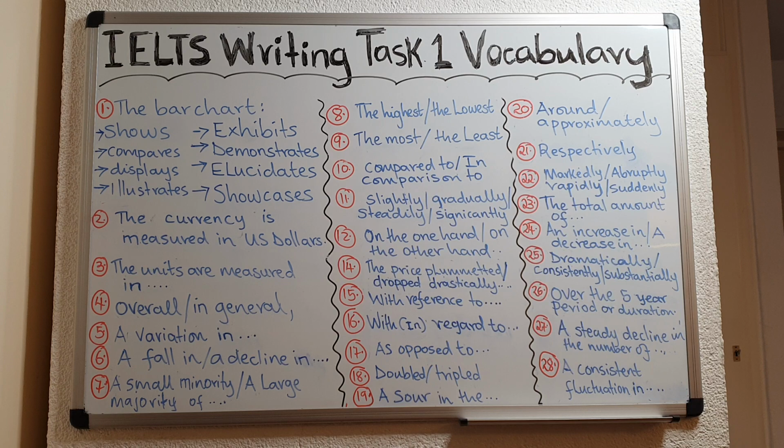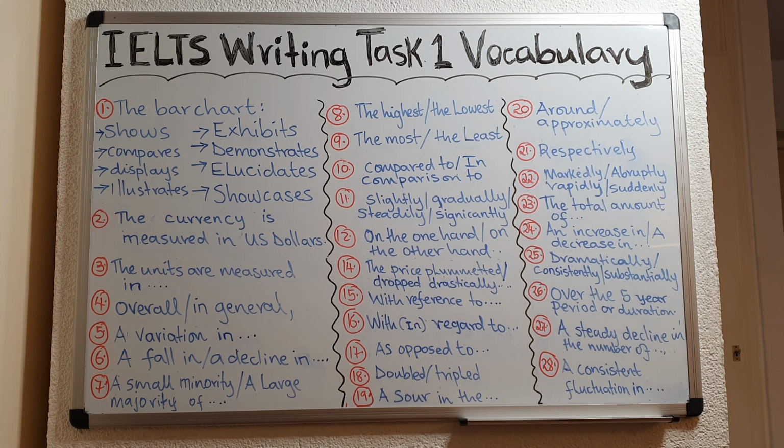Now, number 24, an increase in, a decrease in. An increase means it has gone up. A decrease means it has gone down. So you can say, for example, there is an increase in the number of cars that were imported from Germany in the year 2020.